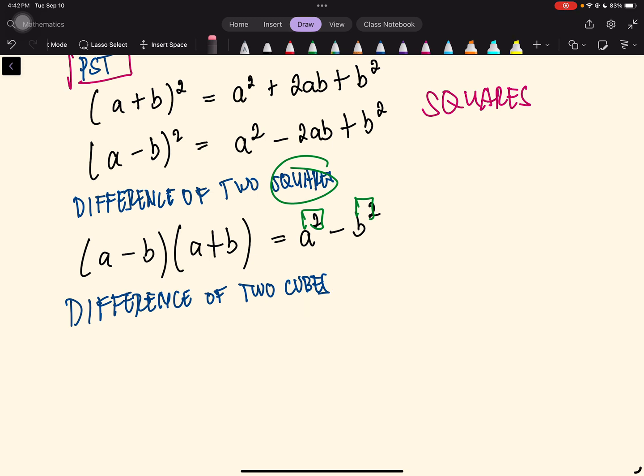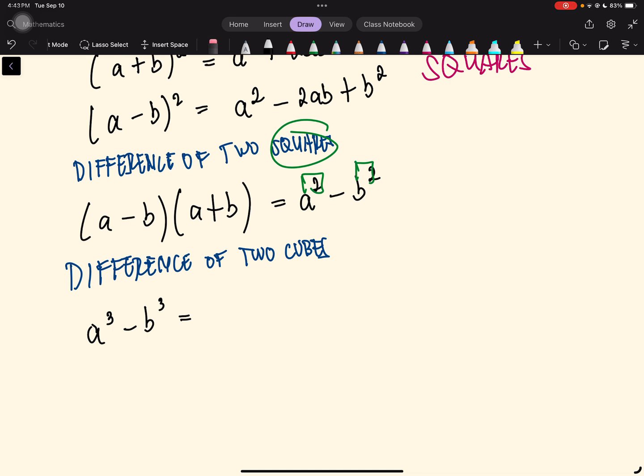So, sabi lang naman dito, if you have this form, a cubed minus b cubed. Oh my gosh, what's wrong with my pen? Very, very sorry, guys. Minus b cubed. Okay, you can simplify this by this.